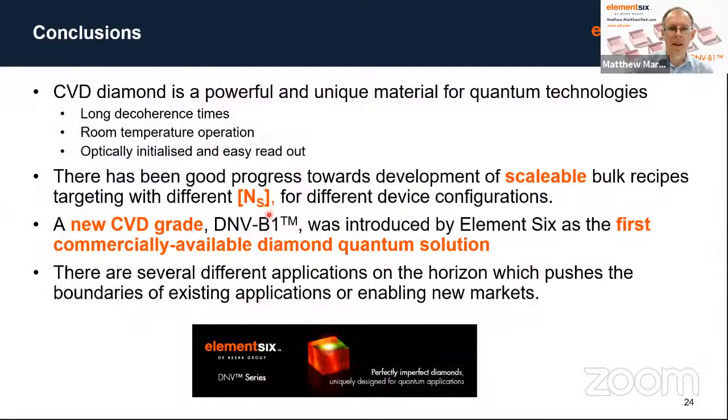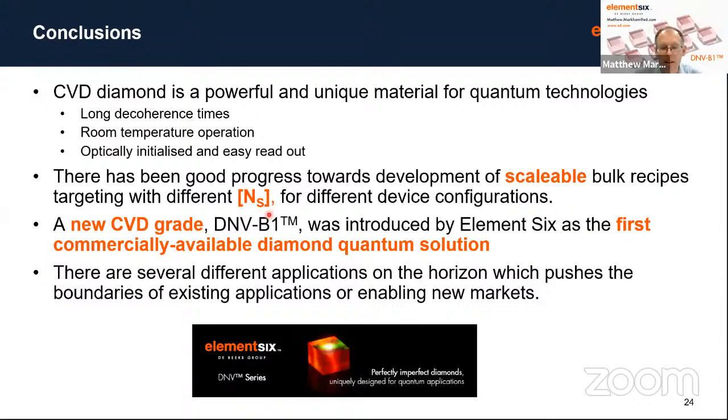So, in summary then, hopefully I've told you about why diamonds are a unique material for quantum technologies, and I've given you a flavour of some of the work that we've been doing towards making scalable processes, as well as mentioning our launch of our new material, DNB B1 and the DNB series, which hopefully is helping enable people to get hands on diamonds and develop new systems.